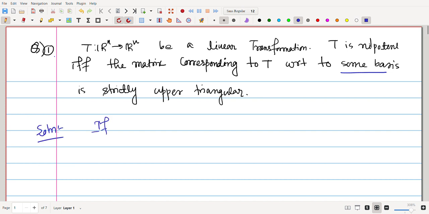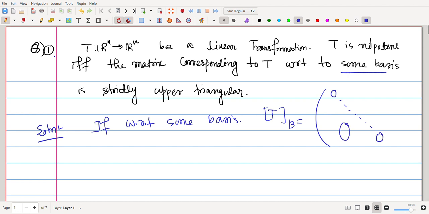So if with respect to some basis the matrix of T with respect to this basis is strictly upper triangular, then it must be something like that, or something, any entries are there, right?